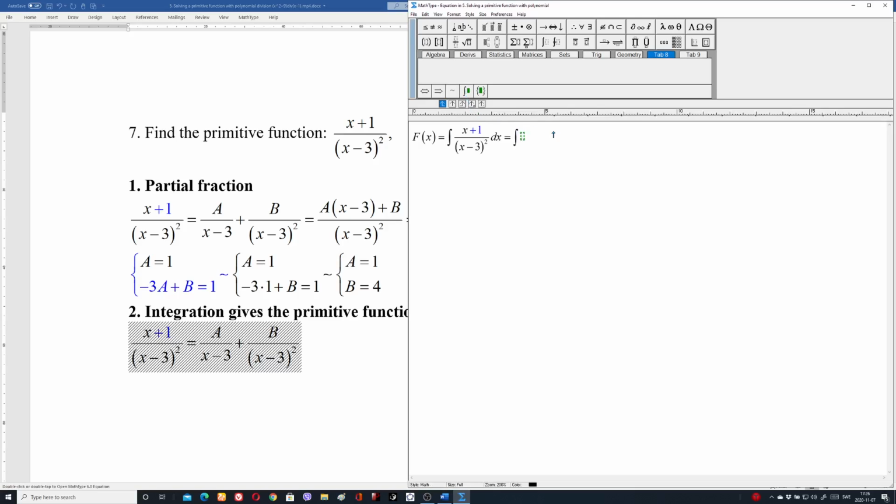I will put an integral even here, so dx, and now I will put, instead of a, just 1.